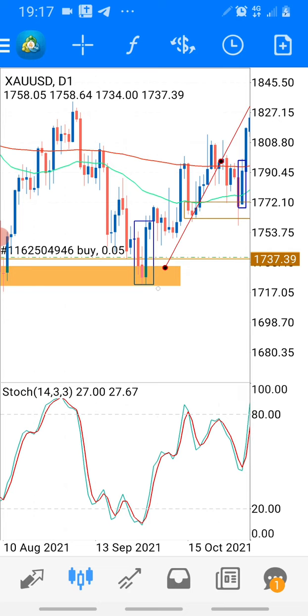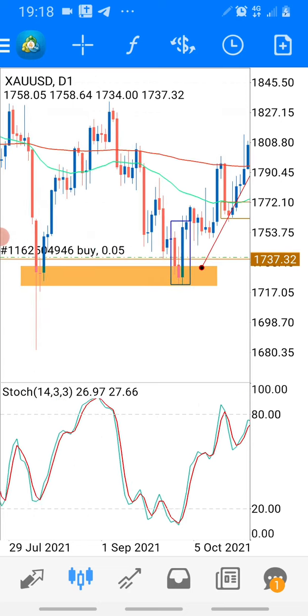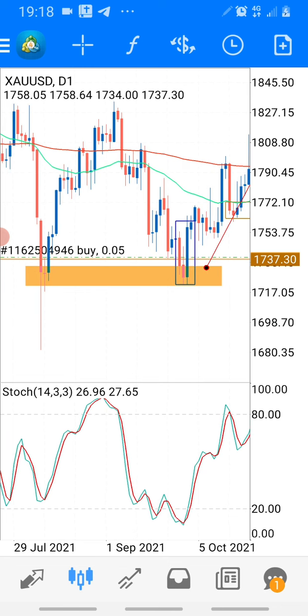So after the formation of this double bottom, you can see the power of the engulfing candle.